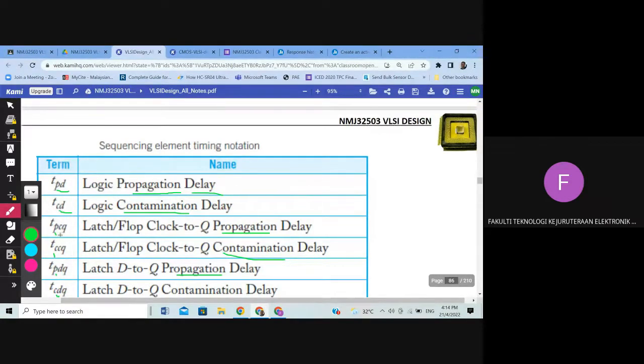So the next one is TPCQ. We know that P is propagation. So CQ, remember your clock, clock C, and then your output Q, and this is your D. Either a flip-flop or a latch, or a capacitor or whatever.